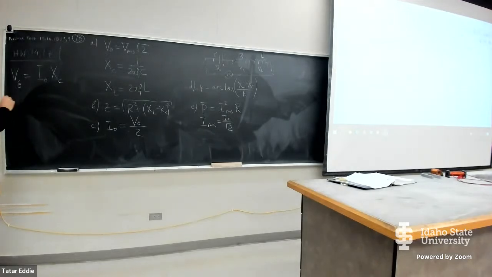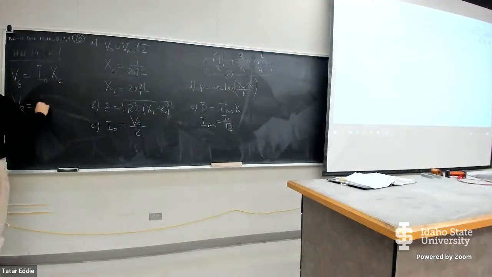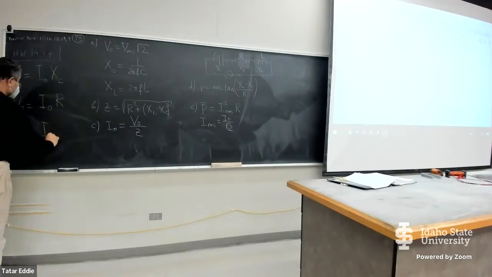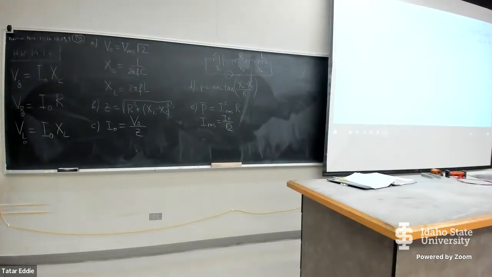And in a similar manner, the voltage across the resistor is going to be current amplitude times resistance, and the voltage across the inductor amplitude is current amplitude times XL. So this is practically almost everything that you can ask about RCL circuits in this problem. So if you feel comfortable with this problem, you know RCL circuits, more or less.